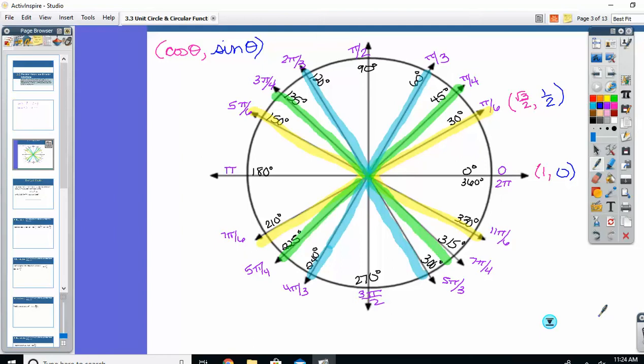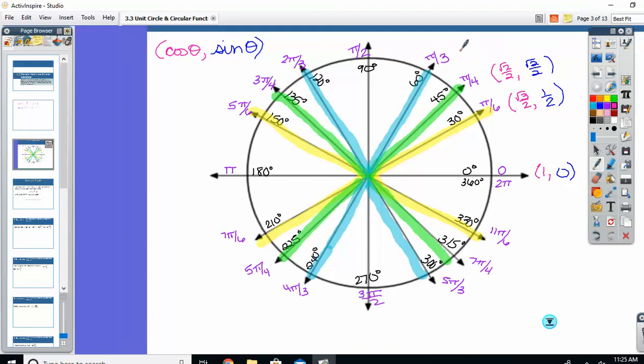So at pi over 4, or 45 degrees, what's the value of x, my cosine? Radical 2 over 2. And y, my sine, is radical 2 over 2.